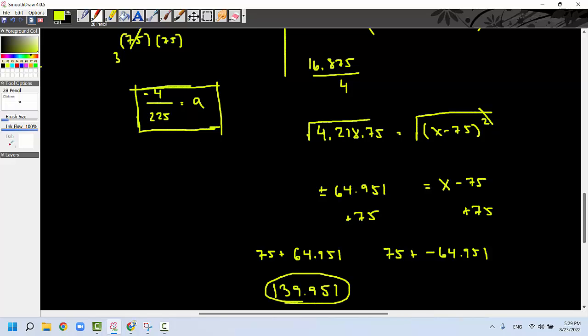Okay? And then if I do the opposite, if I do 75 minus the 64.951, again, I'm just doing this on the calculator at this point, I get 10.049. So there are two times when the ball is that high up in the air.